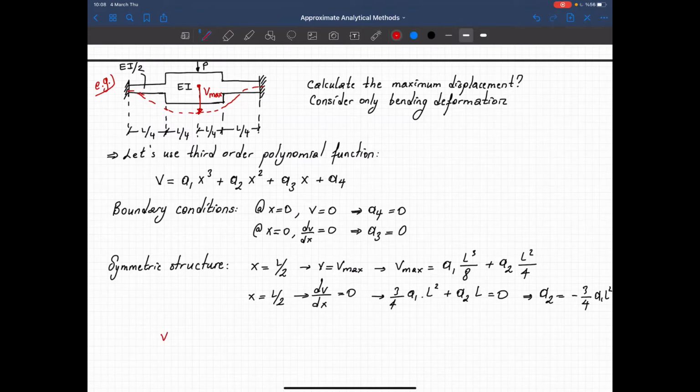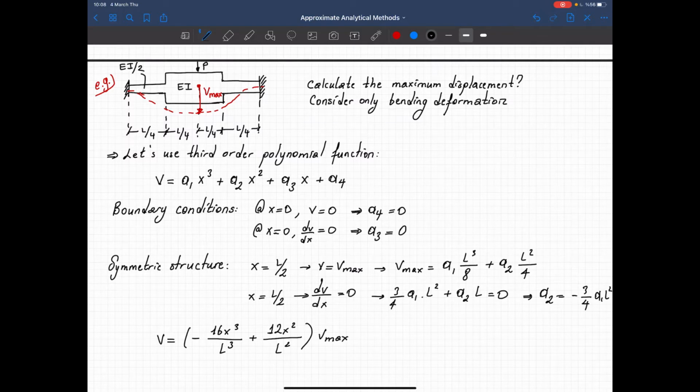V is equal to minus 16x cubed divided by L cubed plus 12x squared divided by L squared, times Vmax.